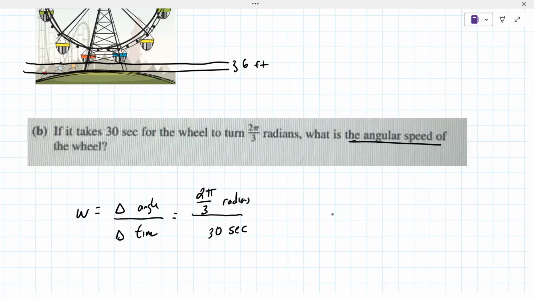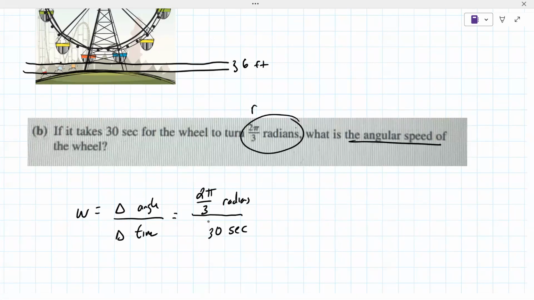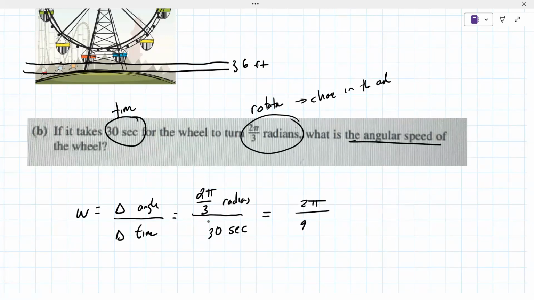And that's it. They gave us the rotation, which is the change in the angle, and they gave us the time. So it ends up being 2 pi over 90, which is pi over 45 radians per second.